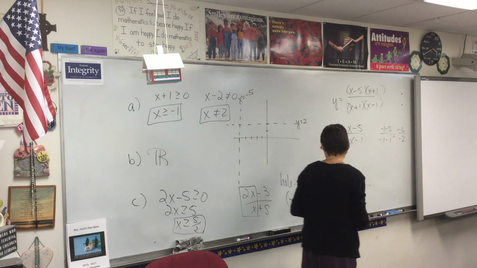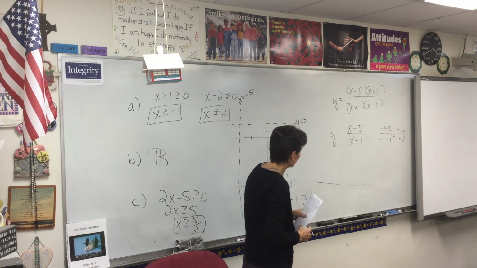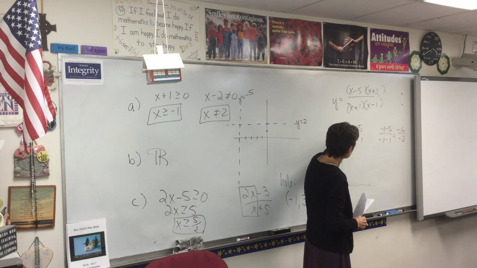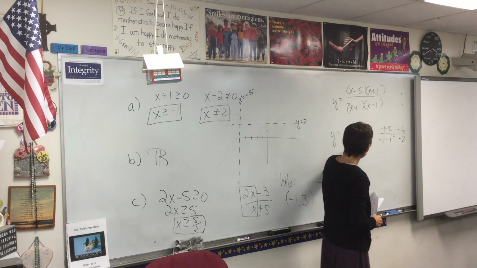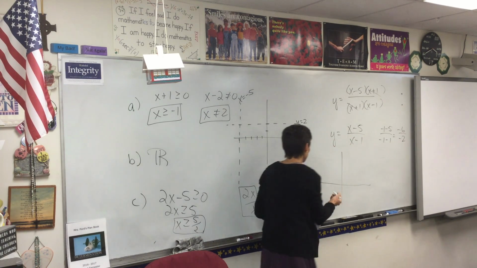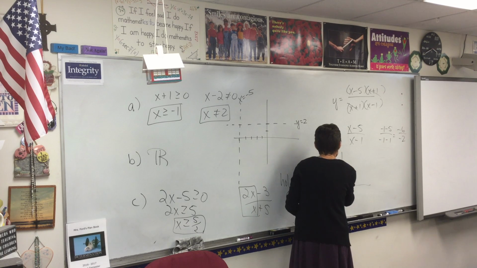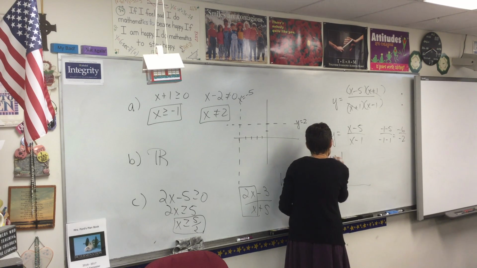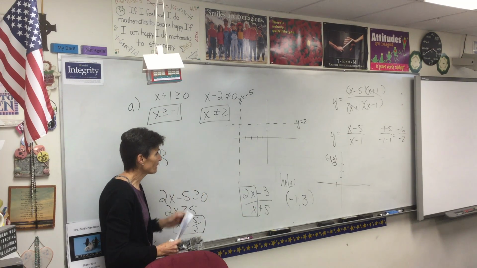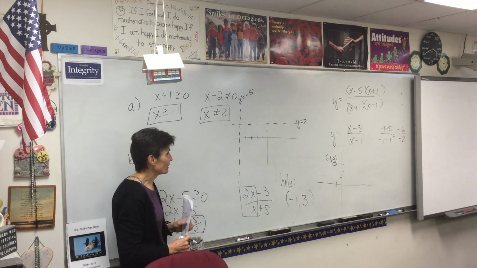I got 3. Did I do that right? Yeah. I put negative 1 into my problem, so I got negative 6 on the top and negative 2 on the bottom. So if I were graphing it, which you're not on the test, but if you were, you would have simply an open dot in the picture, a hole, a big open dot at negative 1, 3.